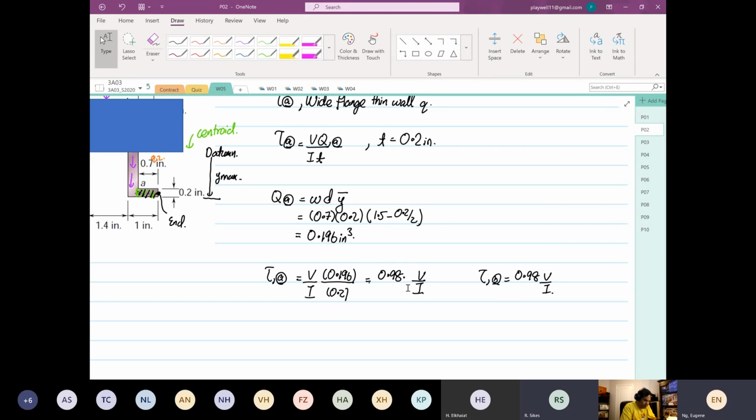So 0.7 multiplied by 0.2 multiplied by 1.5 minus 0.1. You have to open bracket, close bracket. 0.196. Right? I get 0.2086. I don't know, maybe I'm doing something wrong here. If you press 1.5 minus 0.1, then multiply by 0.2, multiply by 0.7, you get 0.196. Right?